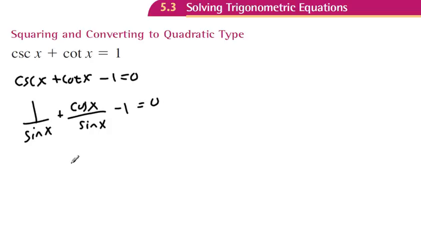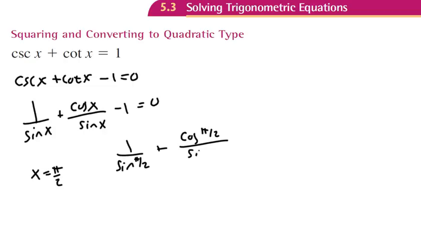Well, it just happens to be that if I let x equal pi over 2, look at what happens: 1 over sine of pi over 2 plus the cosine of pi over 2 over the sine of pi over 2, minus 1 is going to equal 0.